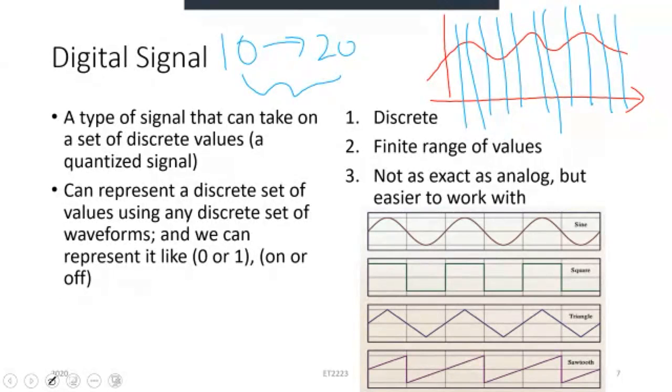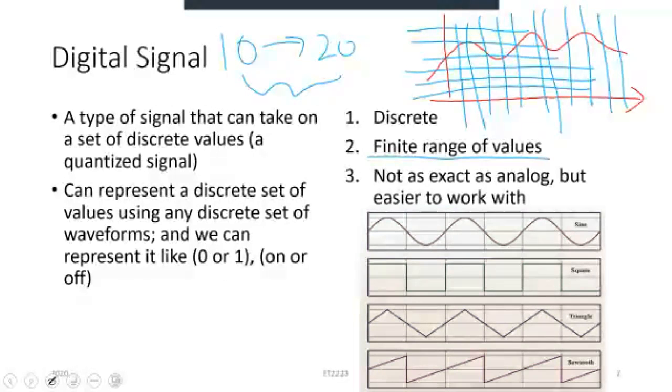But for a digital signal, depending on the system and the conversion, only a finite number of values will be possible. Say we are going in steps of 1, then the only possible values between 10 and 20 in a digital signal would be 10, 11, 12, and so on. It will be a finite range of values.